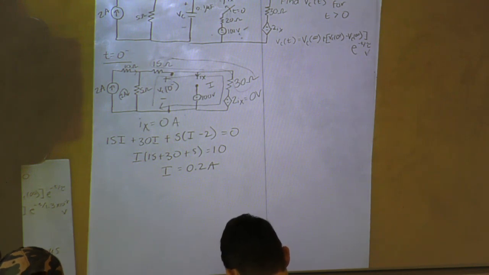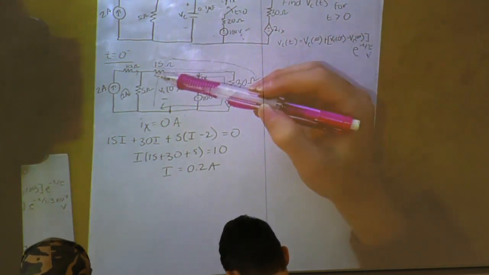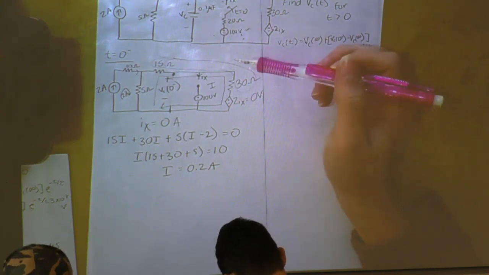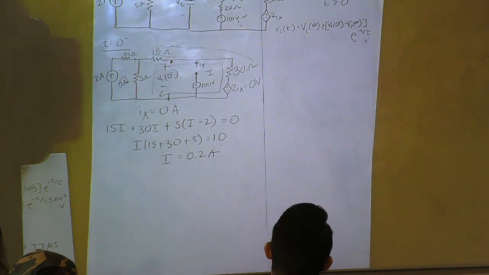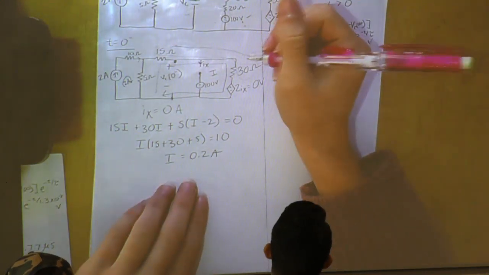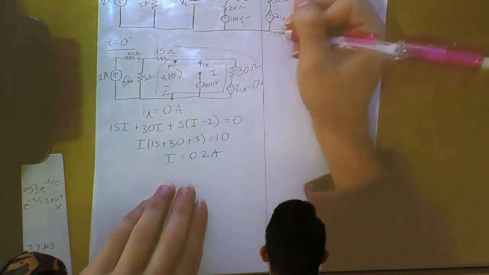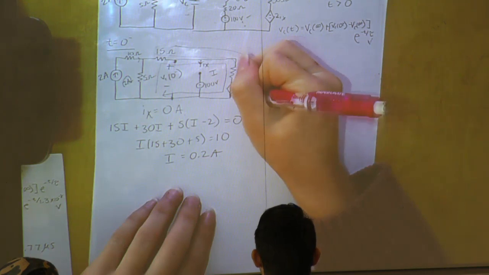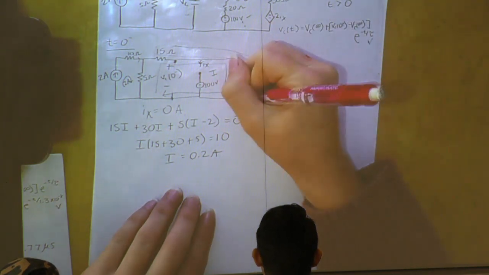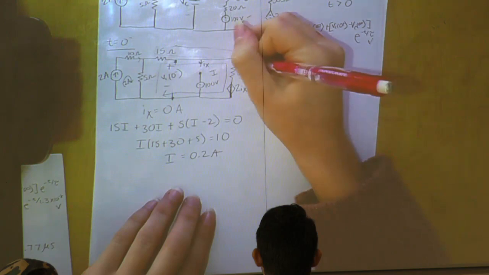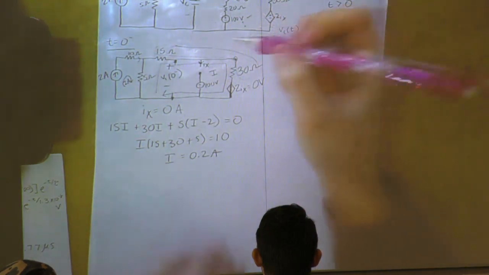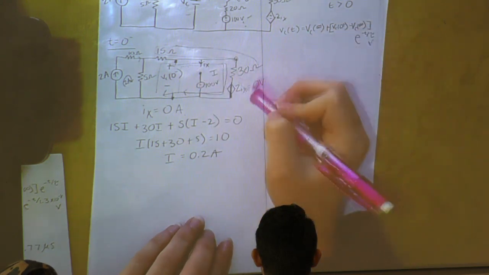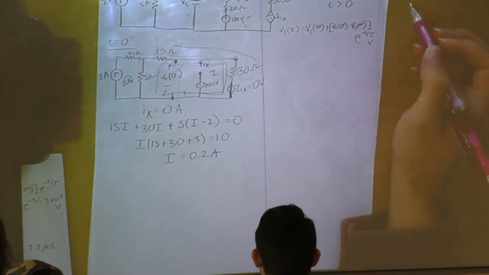So now that we know the current through our 30 ohm, our 30 ohm is in parallel with our VC of 0 minus. Does everyone see that? This would be a short, and it shares these two nodes. Or, if you're not comfortable with that, you could simply do a KVL here and see that VC equals the voltage over 30.